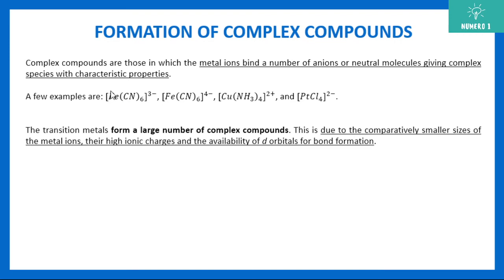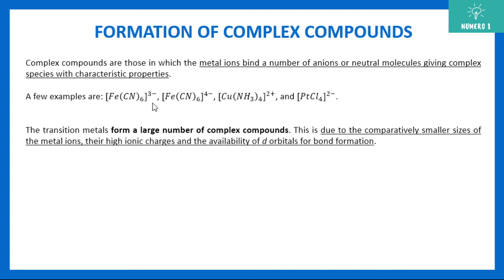We will talk about why it is Fe3 plus and not something else. Here it is Fe3 plus, and it takes a pair of electrons from each CN minus, and hence they are able to form a coordination complex or a coordination compound.